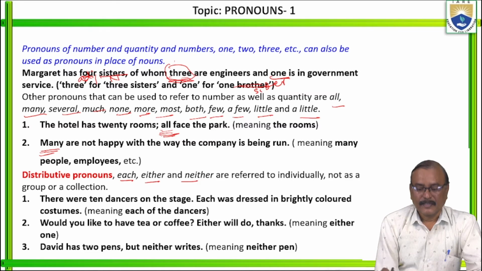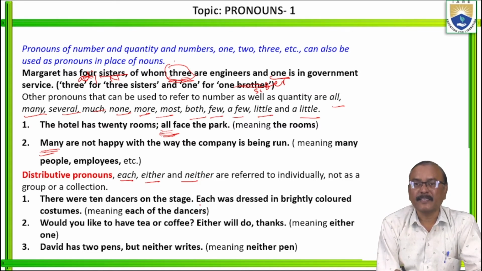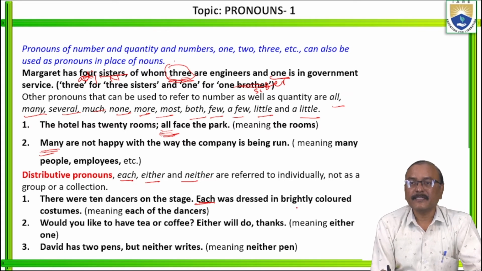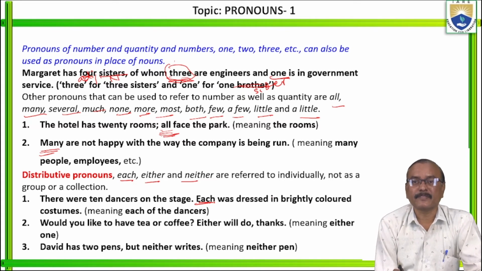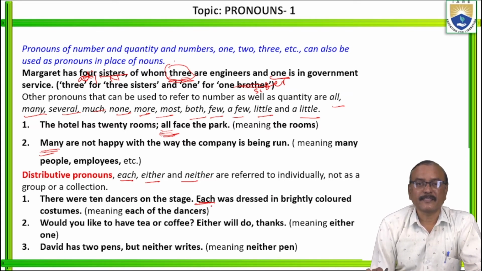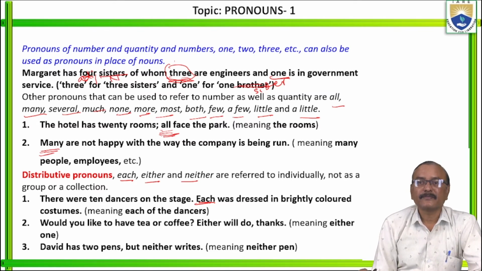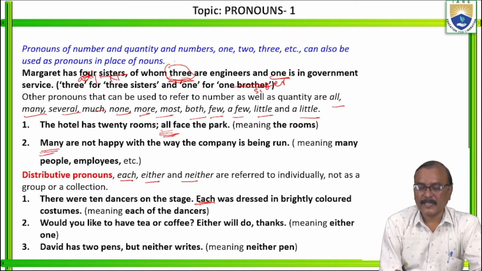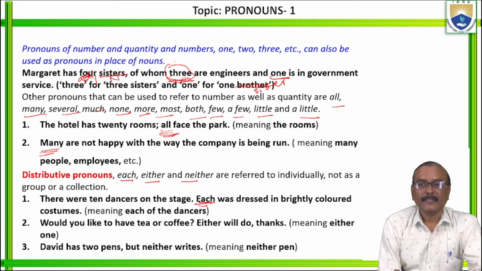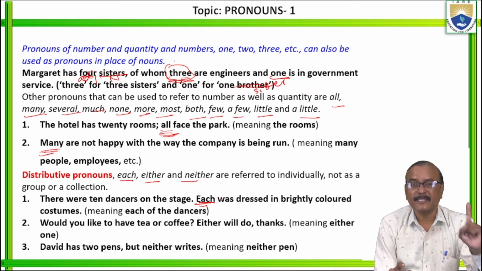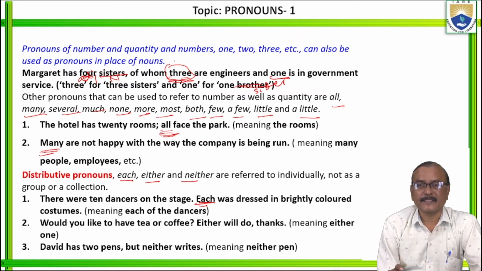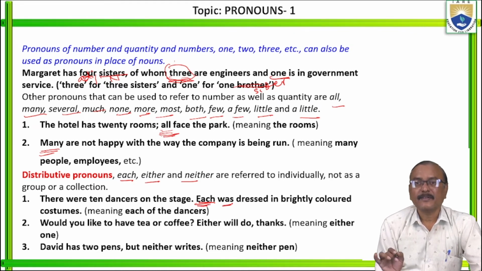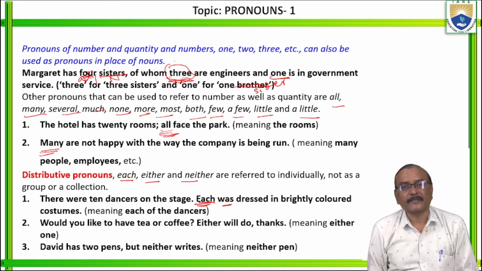There were 10 dancers on the stage. Each was dressed in brightly colored costumes. Each means each of the dancers, singular only, not plural. Each one person of the dancers. That's why it is singular, followed by was only, not were.